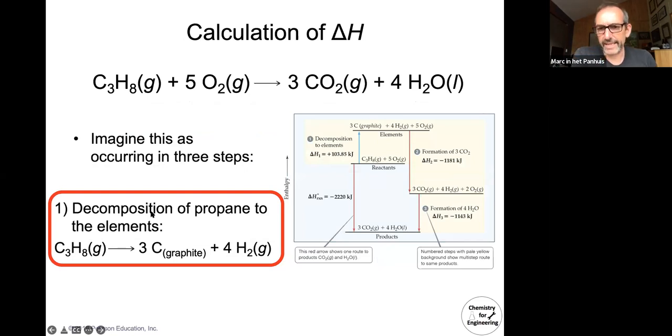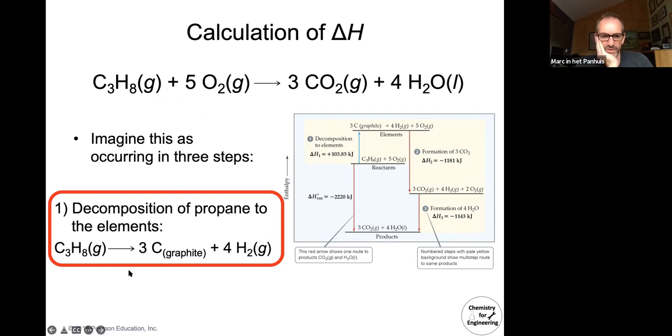And we can calculate these things. So if we're going to burn C3H8 and we have to supply some oxygen for that, and we have a nice balanced equation that gives us some carbon dioxide and water, we can think of this occurring in 3 steps.